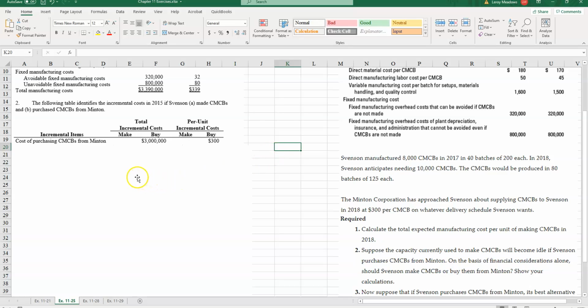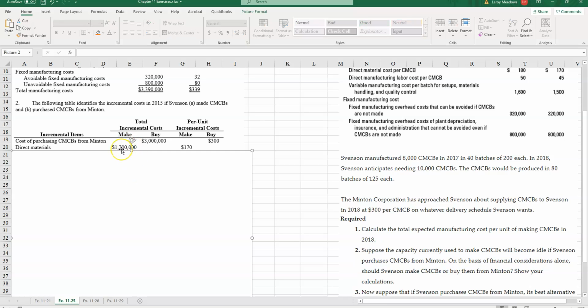So now let's take a look at direct materials. Direct materials, if I make it, then I'm going to incur costs of $1,700,000, just what we talked about up there. But if I buy the product from Minton Company, then I'm not going to incur those costs, and that's why they're not there.